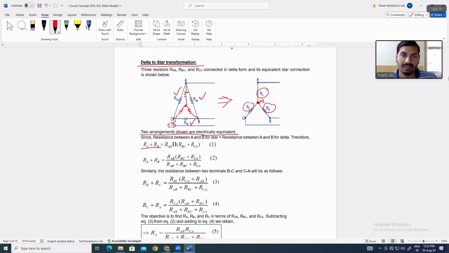And this RAB will be in parallel with these two series-connected resistances. So the equivalent resistance between terminals A and B will be RAB parallel to RBC plus RCA. Is it clear to all of you?